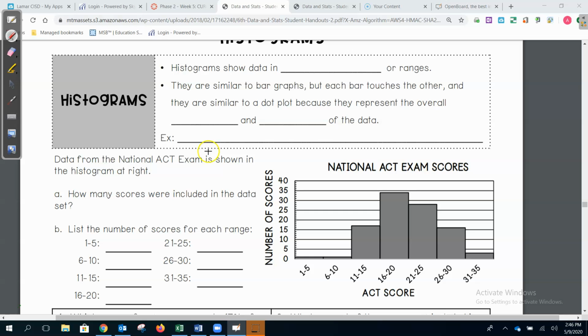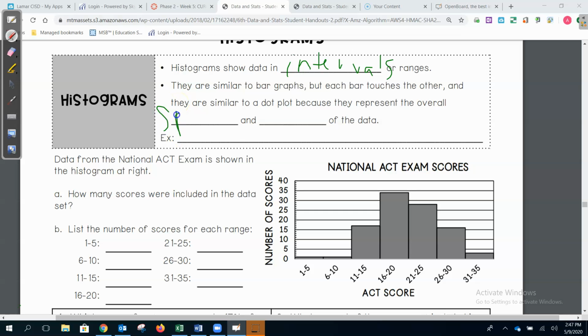So, histograms show data in intervals. Try to write intervals. So we're looking at intervals or ranges. They kind of look like bar graphs, but each bar touches the other, and they are similar to a dot plot because they represent the overall spread and shape.